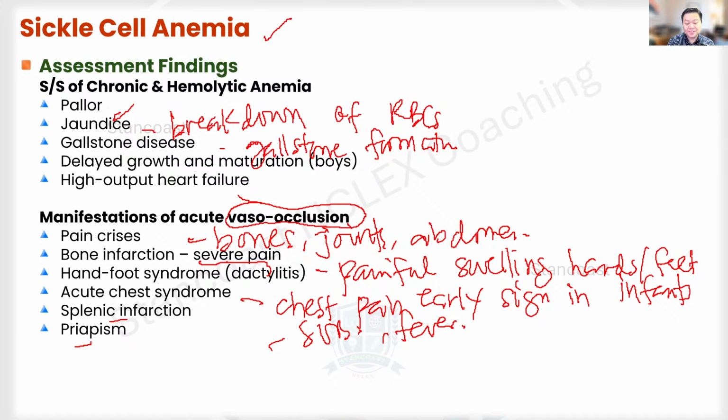Again, this is caused by the blocked blood flow into the penis, and it will also affect the kidney structure, especially the papillae. Now, what is going on inside the kidney in the vaso-occlusive crisis? Well, the block in the blood flow to the kidneys can lead to impairment in the kidney function. So they're going to end up possibly with renal failure. Now, another problem will be the occurrence of stroke.